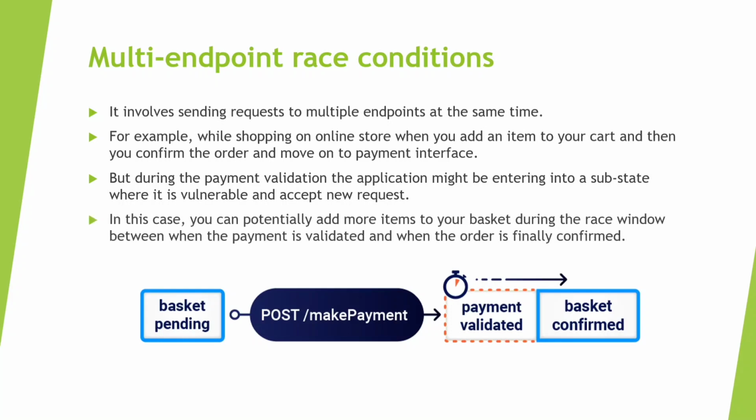In this case, we can potentially add more items to the basket during the race window between when the payment is validated and when the order is finally confirmed. In this interval, we can send a request for a new product to the web application and it will accept those products, but they will not be added to the final cart value. So this is an example of multi-endpoint race condition.